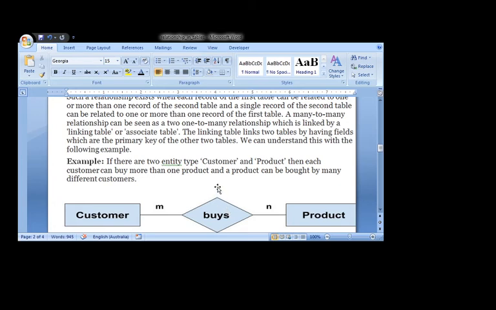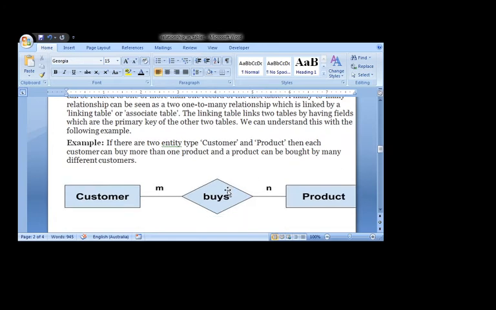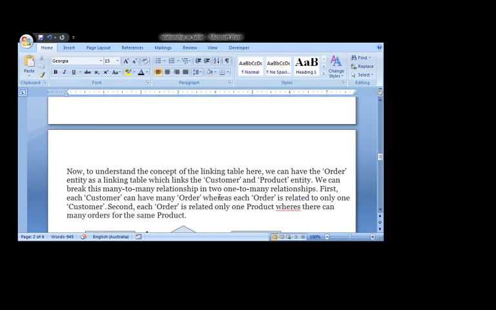If there are two tables, customer and product, then a customer can buy more than one product, and a product can be bought by many different customers. This is known as M to N, many to many relations.